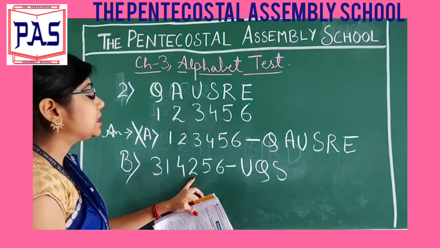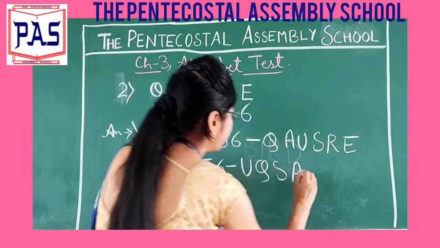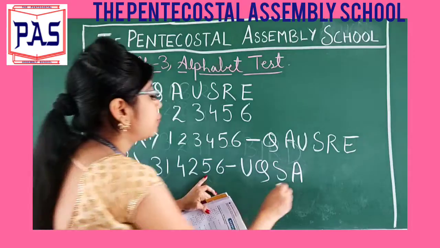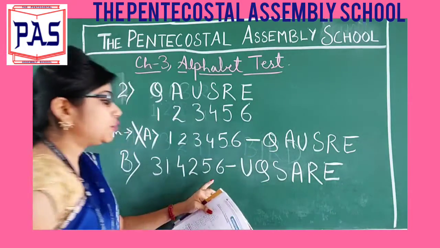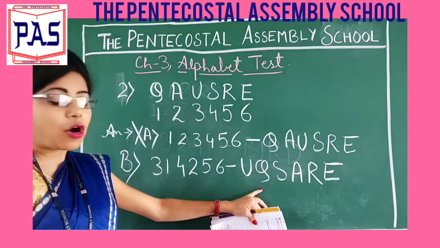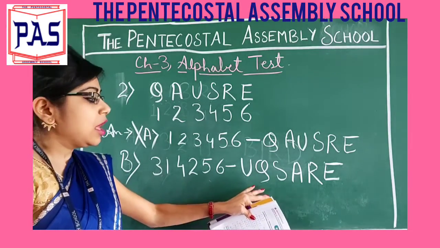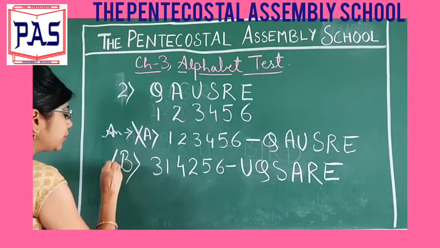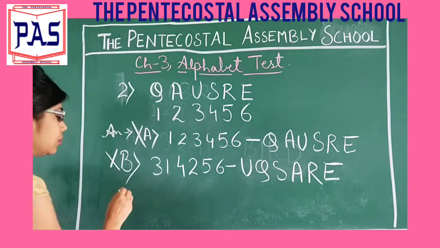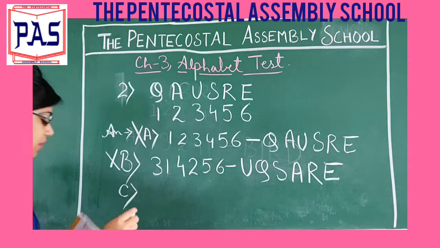Number 2 indicates letter A. A will come here. And 5 for R and 6 for E. You can see that the second option is also not making a meaningful word. So, this will not be your answer. Let's check option C.